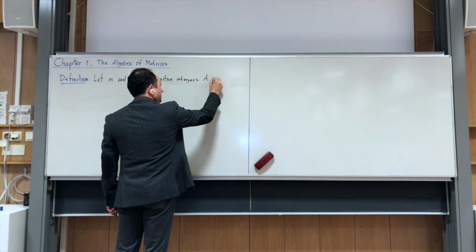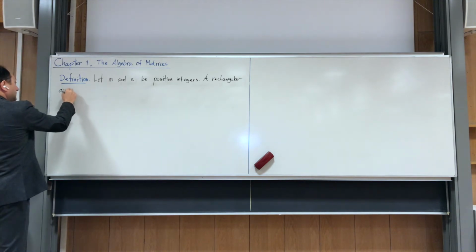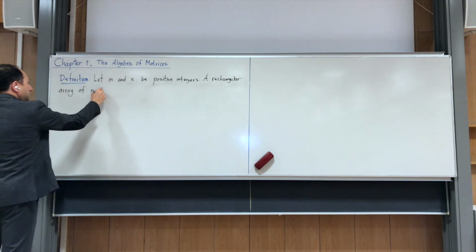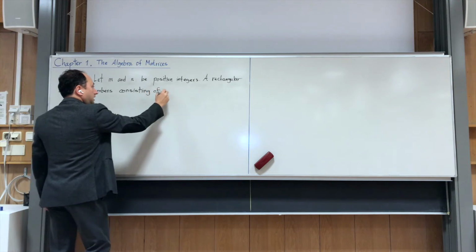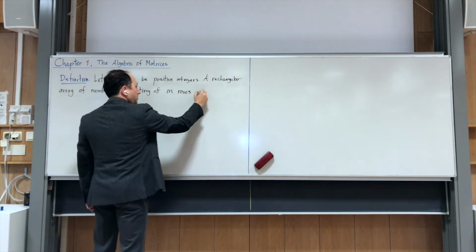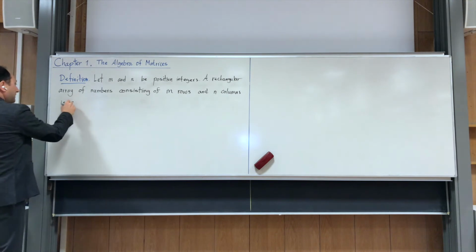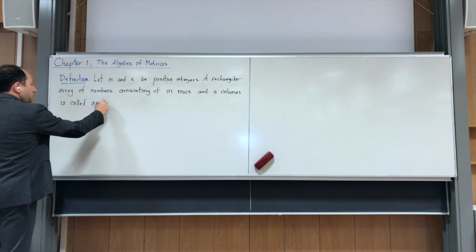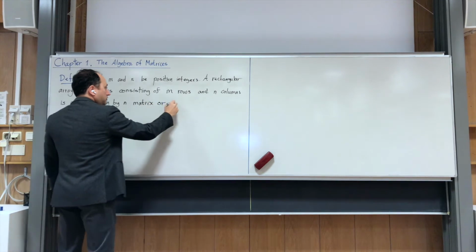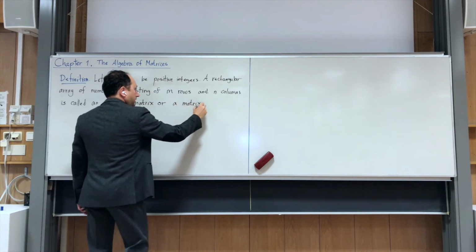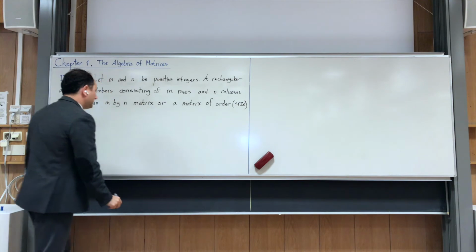A rectangular array of numbers consisting of m rows and n columns is called an m by n matrix, or a matrix of order or size m by n.